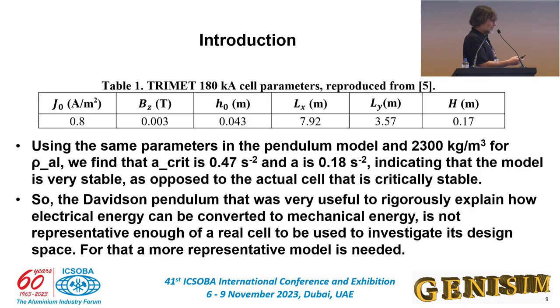You compute the two numbers, A and A critical, and you get that A is much bigger than A critical. That means this pendulum would be very stable with that geometry of that plate in that system. So it's not very representative of the reality of a cell as it is now. It was very useful because it explains why the MHD is working. And now I'm trying to improve on it.